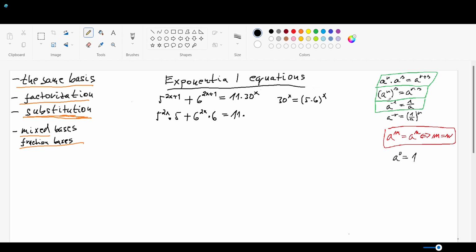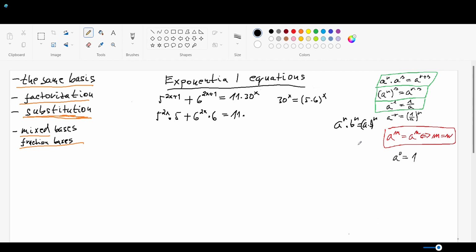The formula says that a to the power of r times b to the power of r, different bases but the same exponents, is equal to a times b to the power of r.